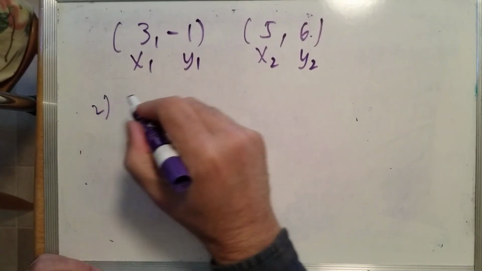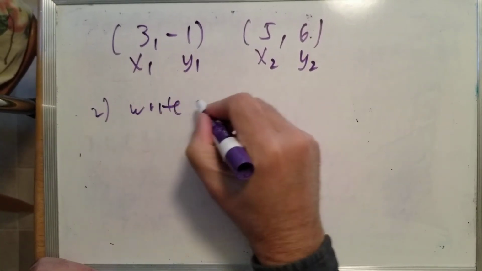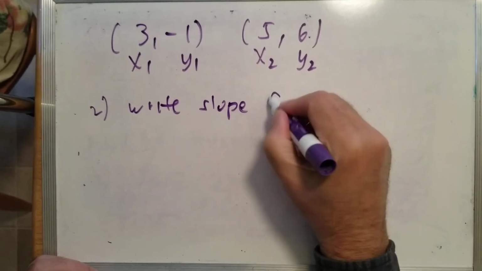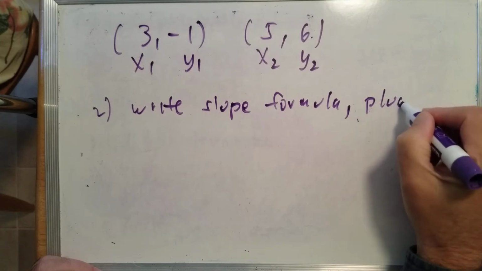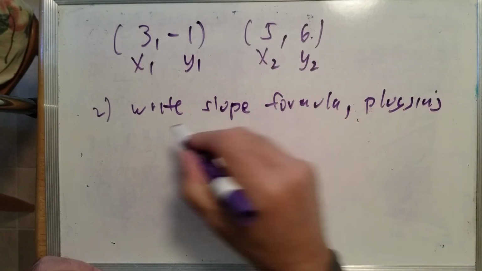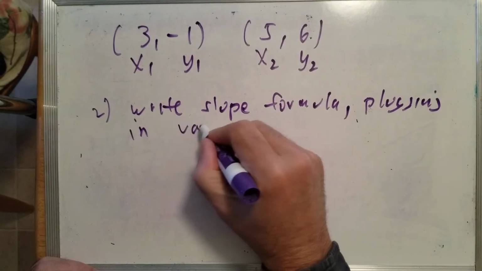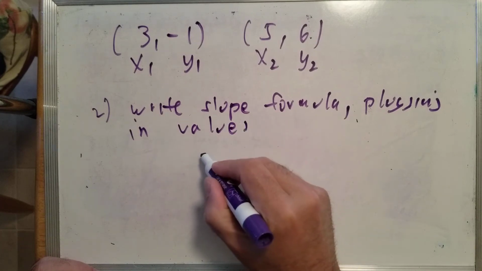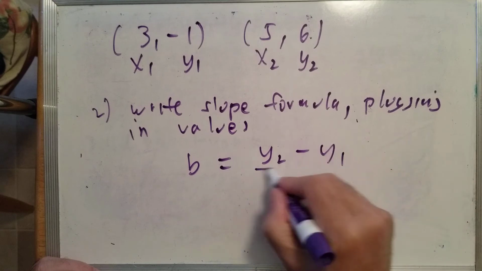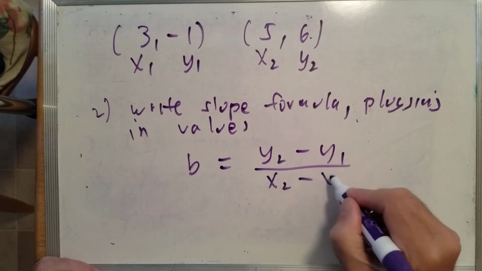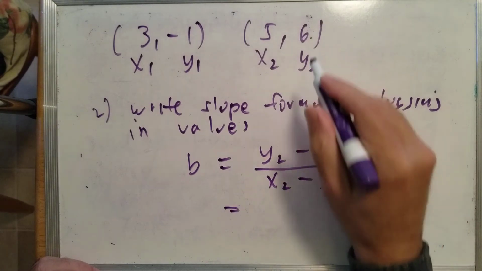Then I'm going to write the slope formula, plugging in the values. So the slope formula b is y2 minus y1 over x2 minus x1, which for this example is 6.